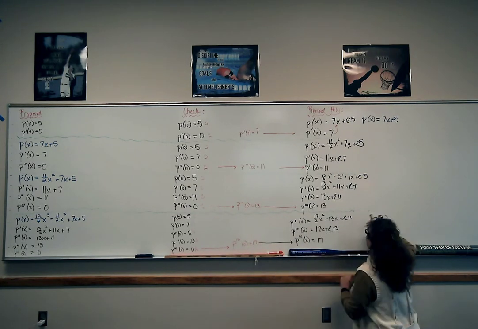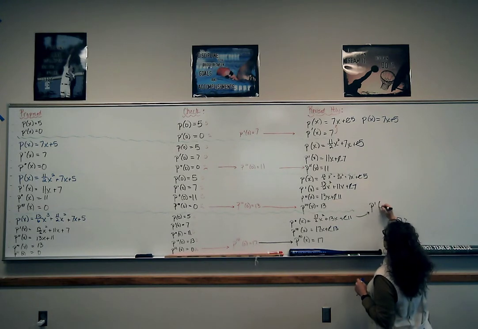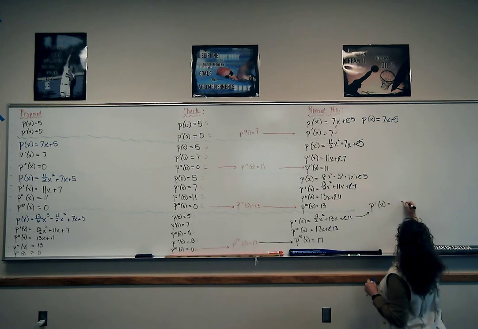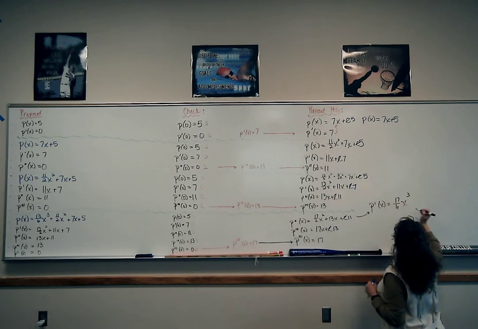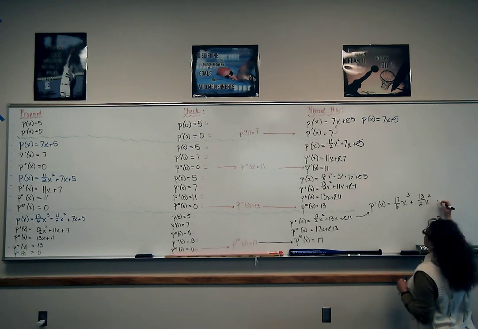Running out of room. Do another antiderivative on it. P prime. Raise it and divide. To the third, raise it and divide. Throw an x on it.